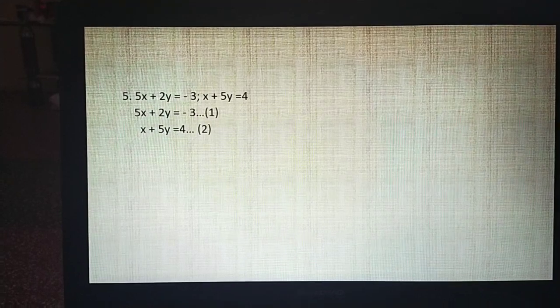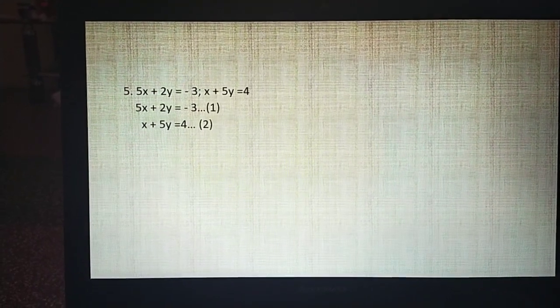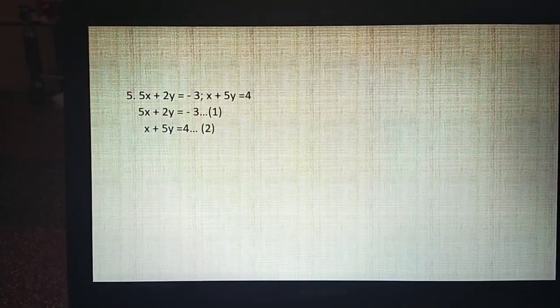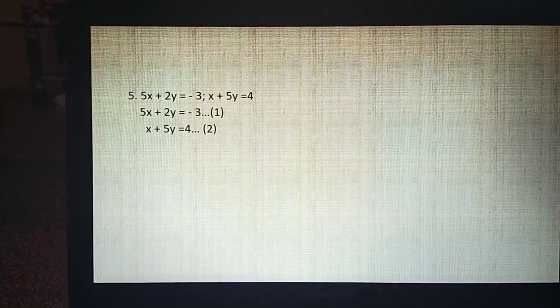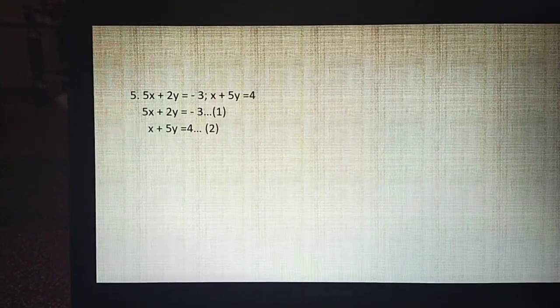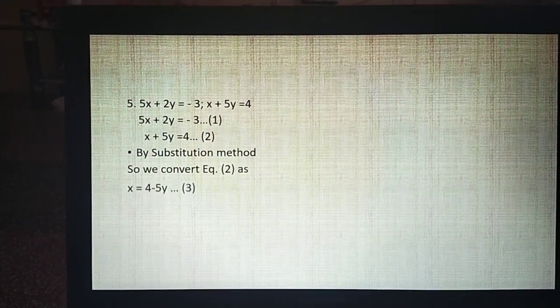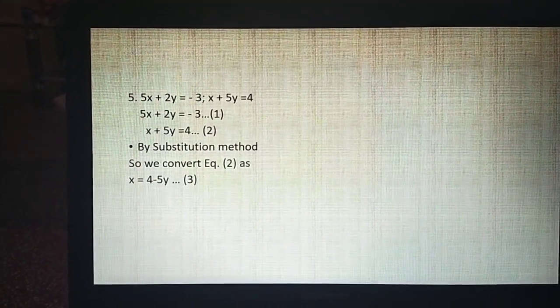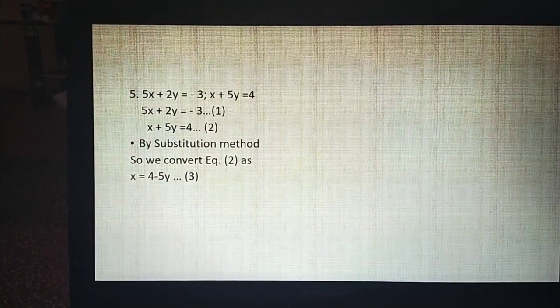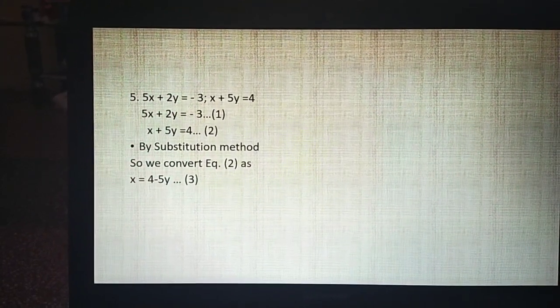So here look at the second equation, you can see x plus 5y is equals to 4. So we will convert that equation to x is equals to 4 minus 5y. Could you see what has happened in equation 2?